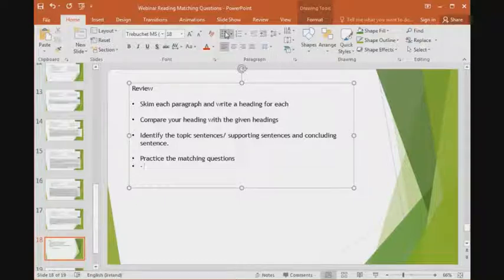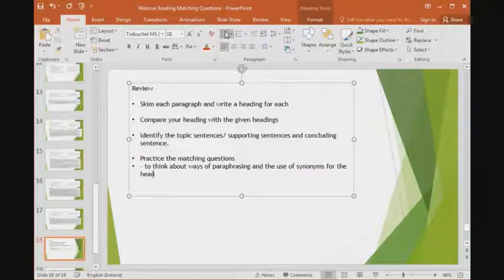And when you're practicing, remember to think about ways of paraphrasing and the use of synonyms for the headings. So remember, the list of headings you get won't be exactly the same as the vocabulary that you find in the reading. So you need to think about synonyms and antonyms.